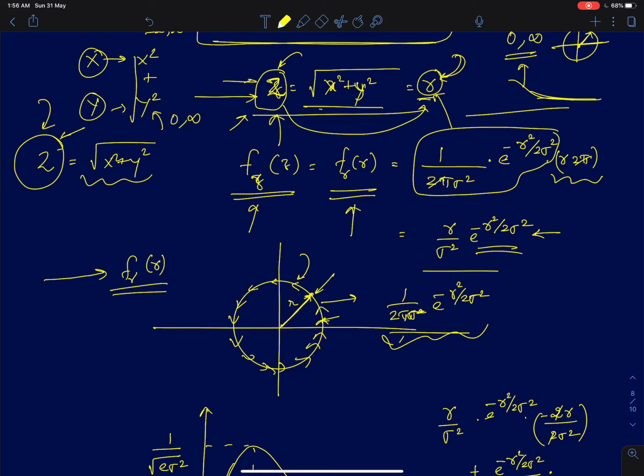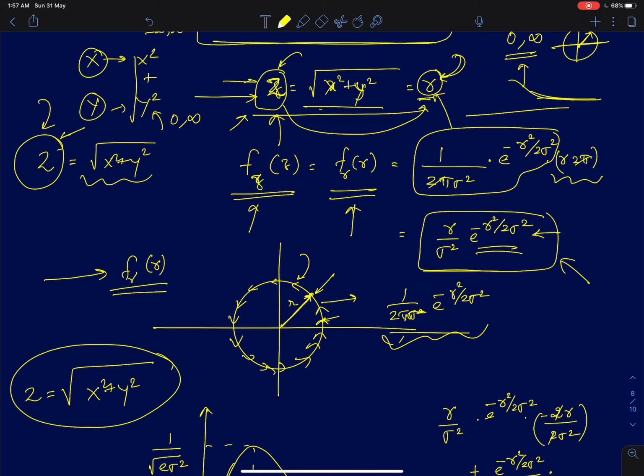So what you get here is the function r by sigma square into e power minus r square by 2 sigma square. This distribution, which is generated by taking two independent Gaussian random variables, squaring them and adding them, x square plus y square, is what we call a Rayleigh distributed random variable.